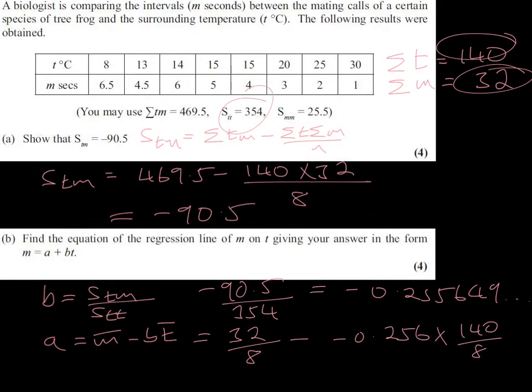And if we do that, we're going to end up with a value of 8.47. So coming back to the line of the equation, the form M equals A plus BT, we're going to have then M equals A, which we said is 8.47, minus 0.256T.